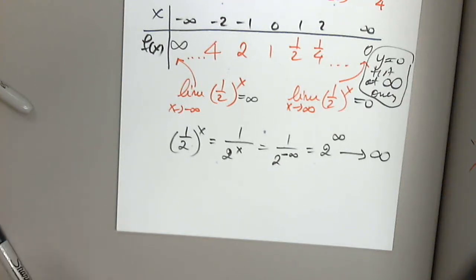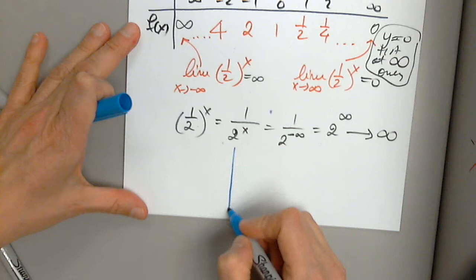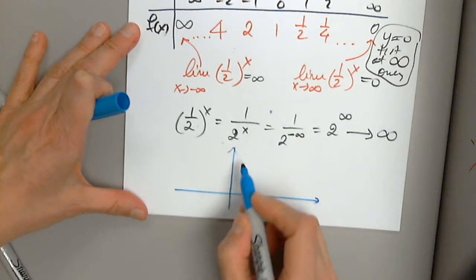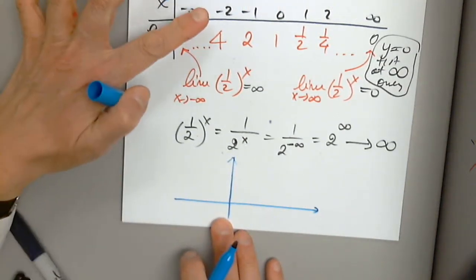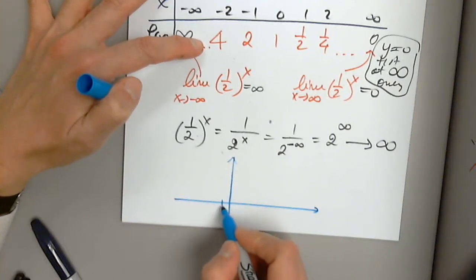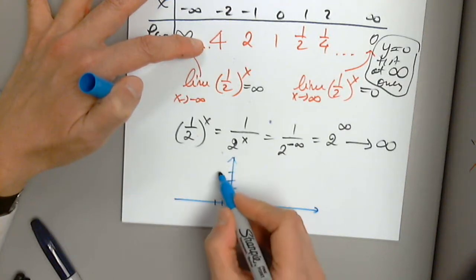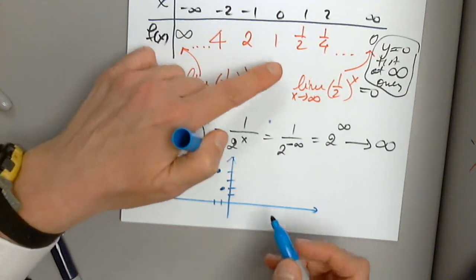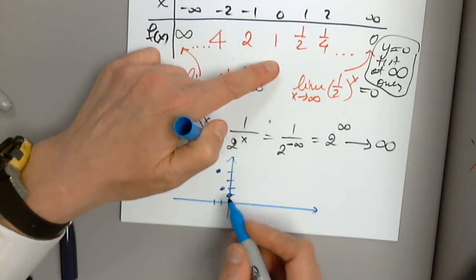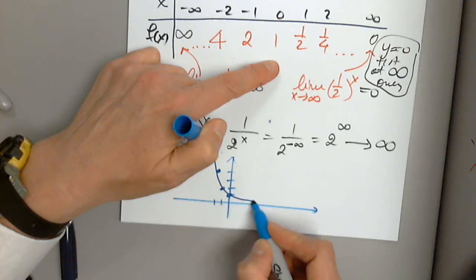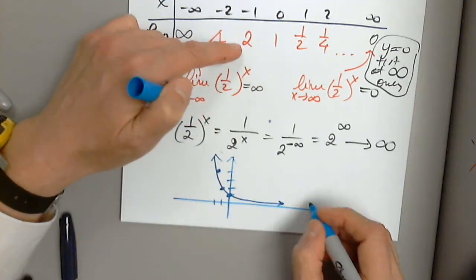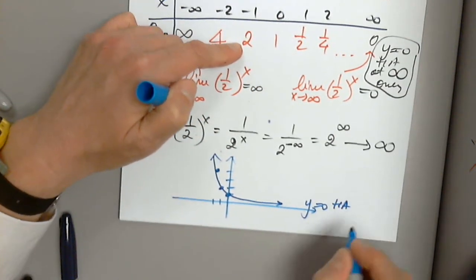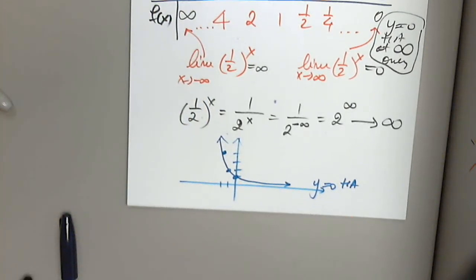So now we're ready to graph this function. From left to right, -2, 4 is this point. -1, 2 is this point. 0, 1 is this point, and so on and so forth. And of course, y equals 0, horizontal asymptote at infinity only. What can you say about this function? Is it increasing or decreasing on all its domain?